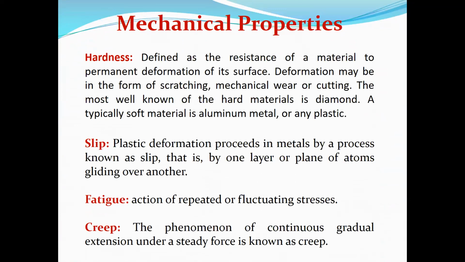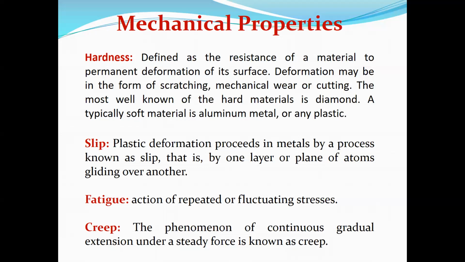The hardness is not related to strength. It indicates the resistance of a material to permanent deformation on the surface. We say that some materials are hard or some materials are soft. How do we say that?